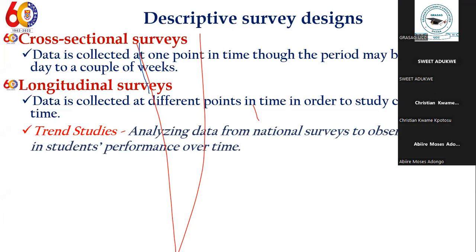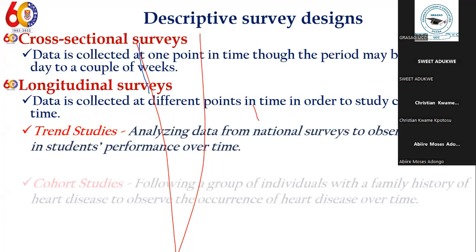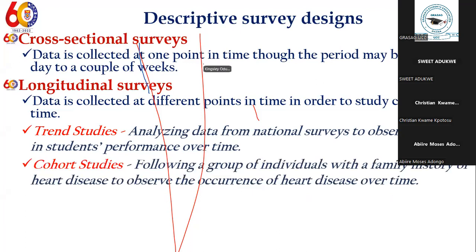Good. Again, there's another aspect of the longitudinal study, that is the cohort studies. In this case, you follow a group of individuals, for example, with a family history of, let's say, heart disease, to observe the occurrence of heart disease over time.